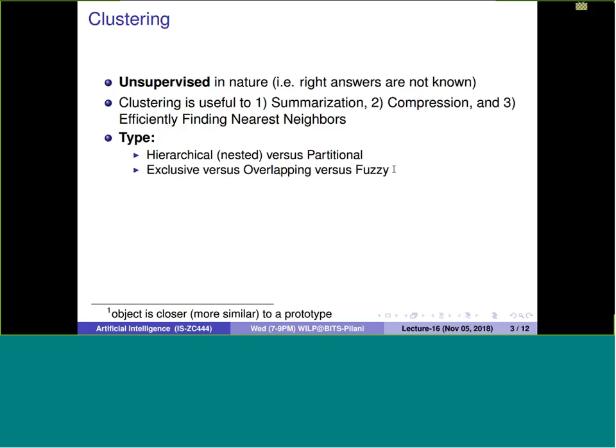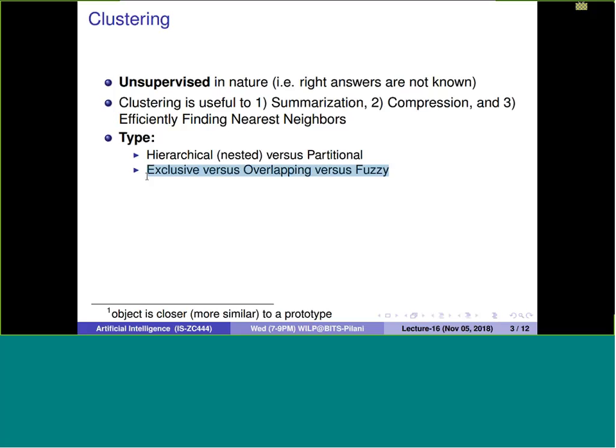Exclusive clustering means whenever you have an item, you say that this item belongs to this particular cluster, and another item belongs to that particular cluster. But sometimes it may be possible that this membership is not very clear. It may be possible that with this probability I say this item is going to be in this category, otherwise in that category. For example, if there is a crime scene and you want to find out who committed the crime, there would be various suspects.